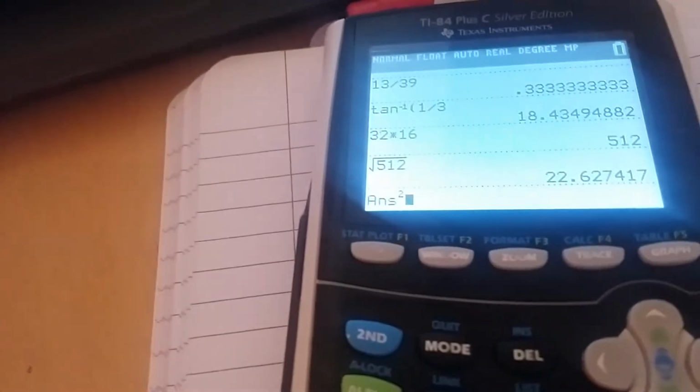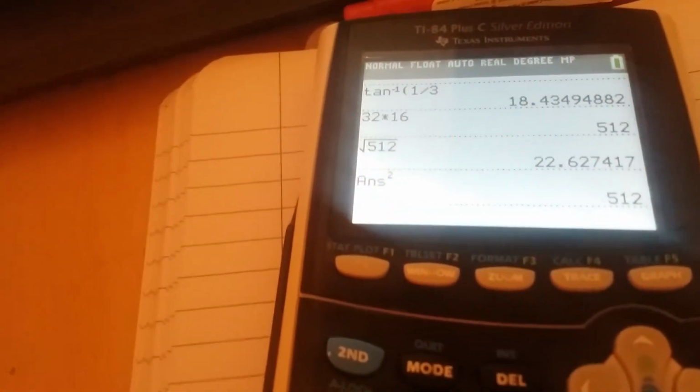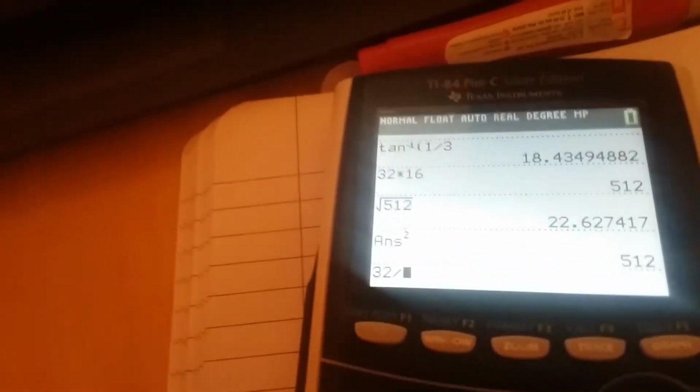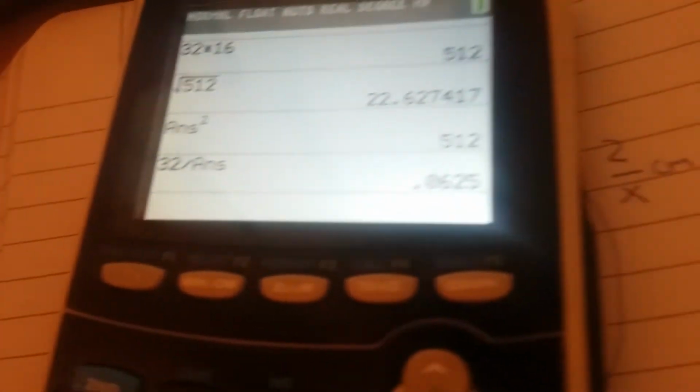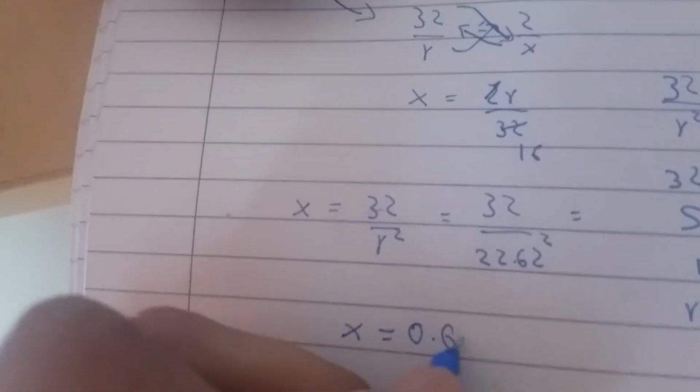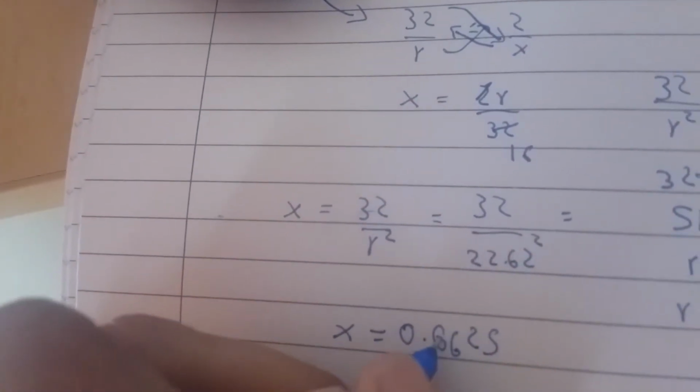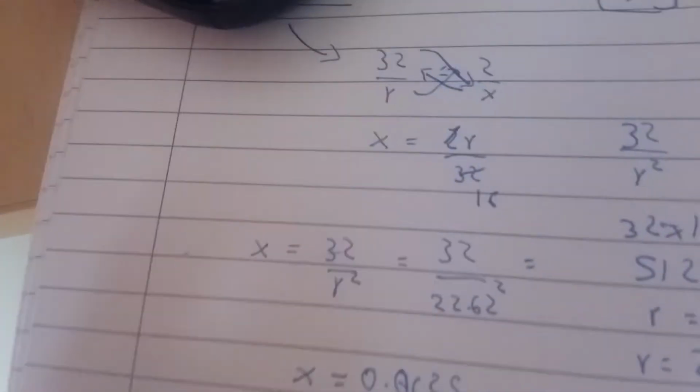Let me square this, and let's do 32 divided by answer, and I get 0.0625. As you can see here, 0.0625. So x is equal to 0.0625.